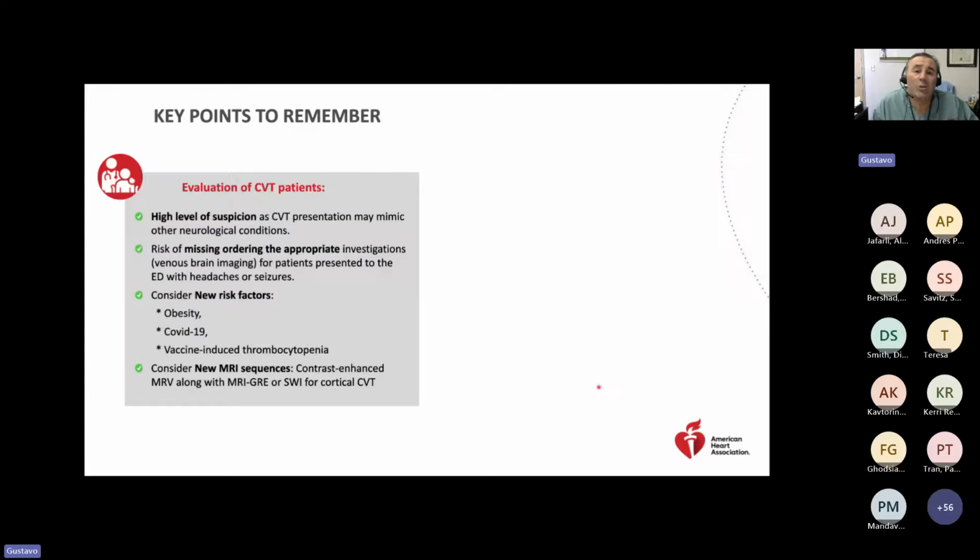So it's important that you avoid missing the appropriate investigation when you are assessing someone in the emergency department. Consider the new risk factors: I mentioned obesity, COVID-19, and exposure to the vaccine. And remember the most sensitive tests to make the diagnosis: MRI, MRV, and CTV. Those are the most important considerations.